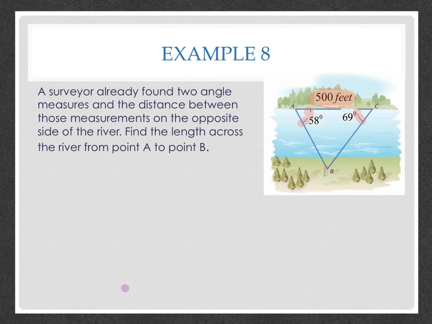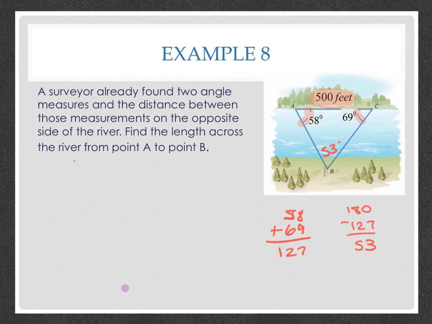You didn't have to draw anything by yourself, but what you do have to find is that angle B, right? So 58 plus 69, 127, subtract that from 180, 53 degrees.